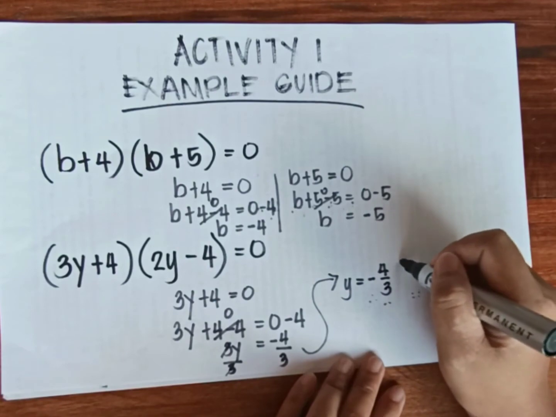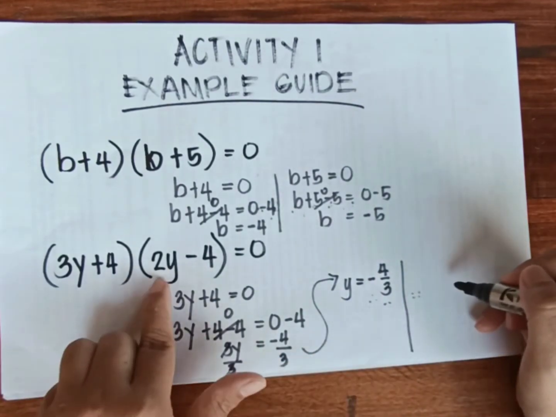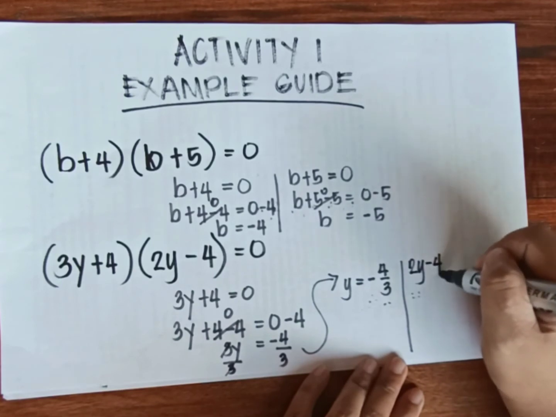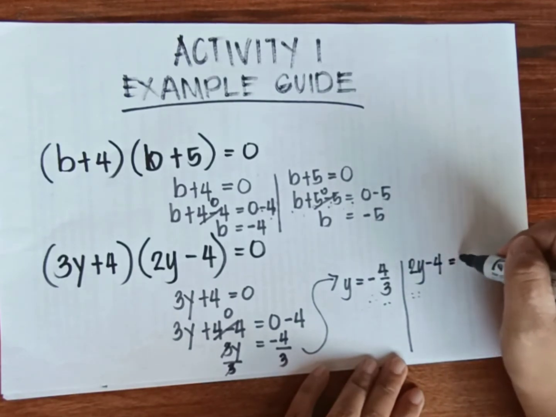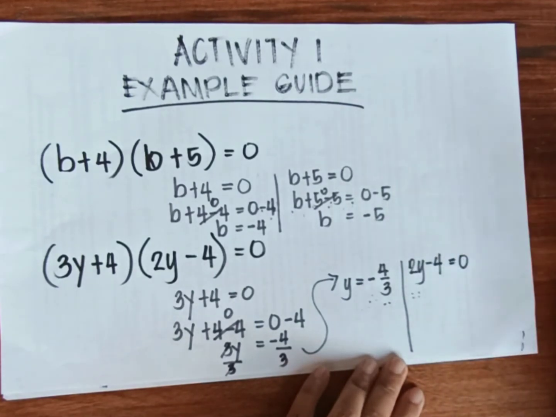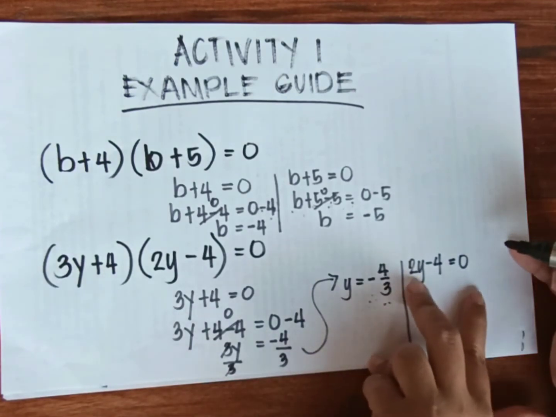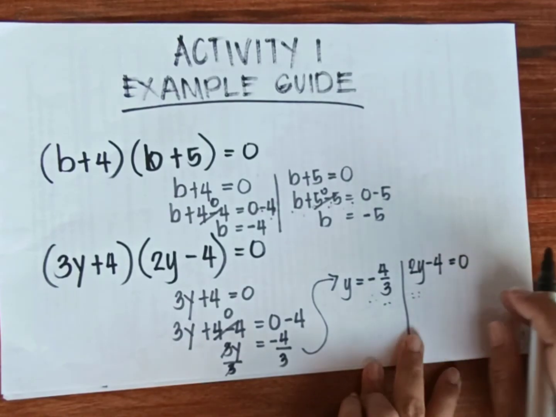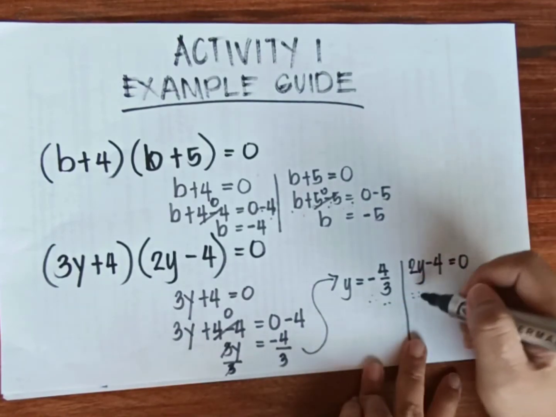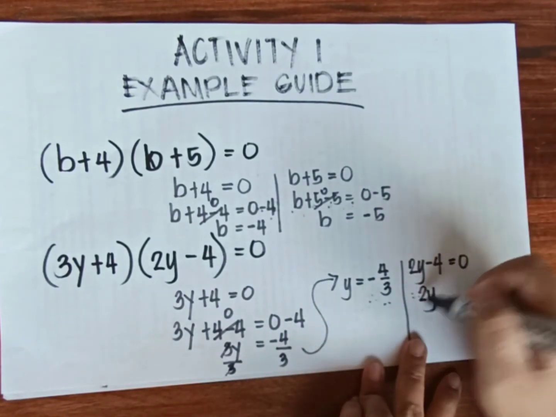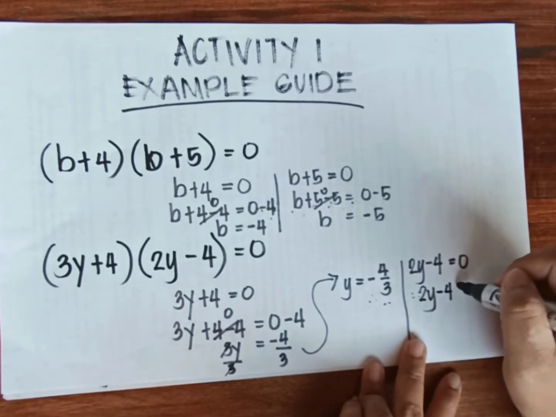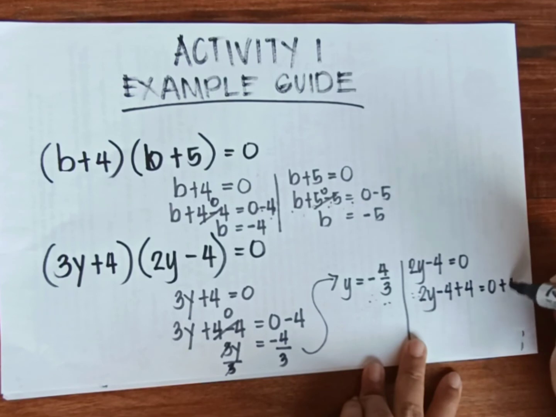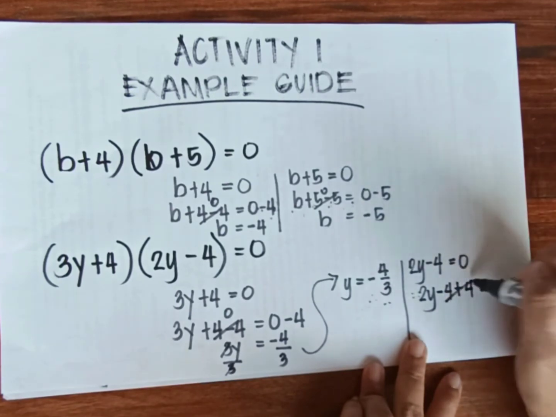Now, let's go to the second factor, which is 2y minus 4. Again, equate to 0. Alright? Then, remove all the terms beside y. Okay, so here, remove negative 4 first. So, negative 4, opposite, plus 4. Okay? 0 plus 4. So, this becomes 0.